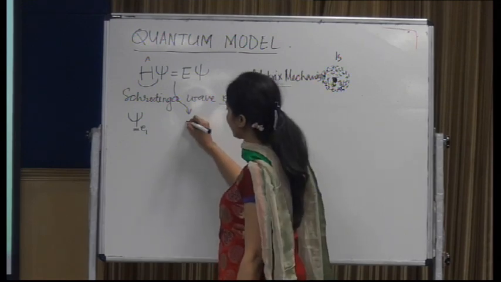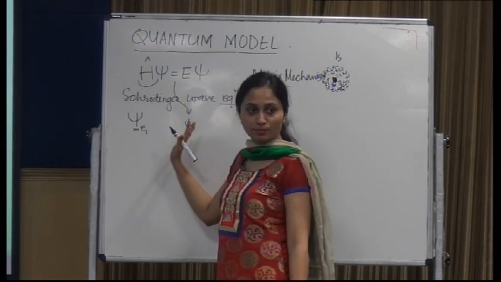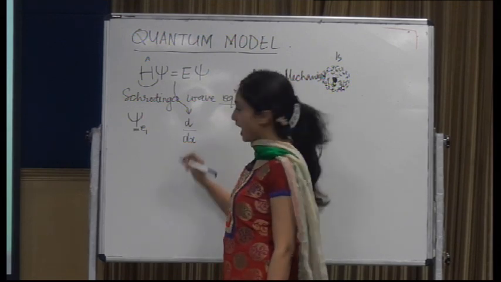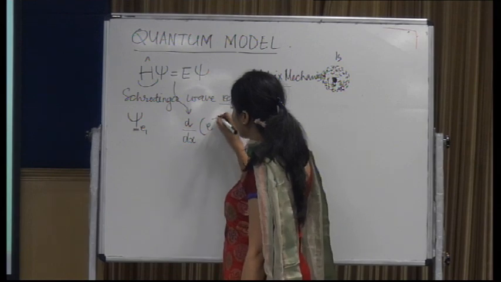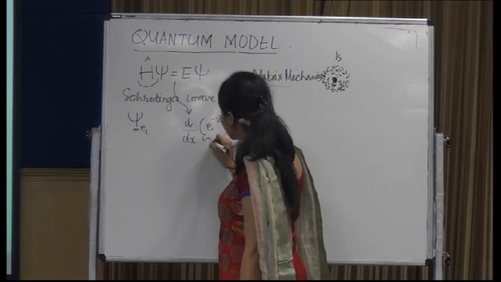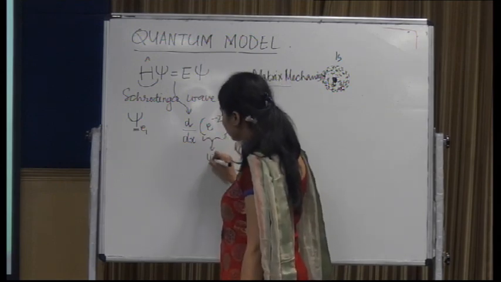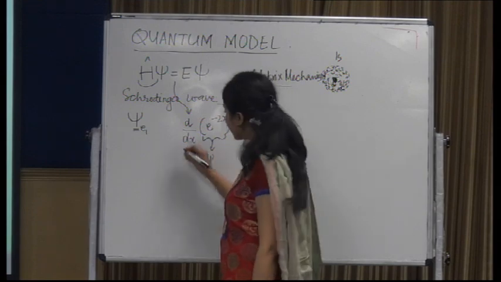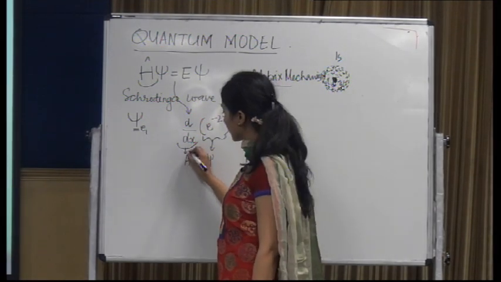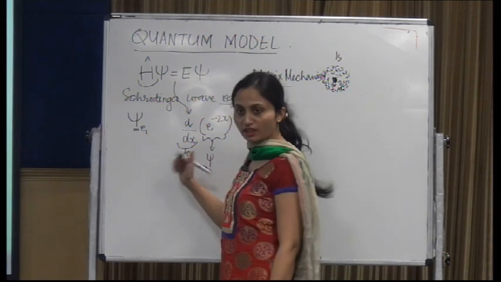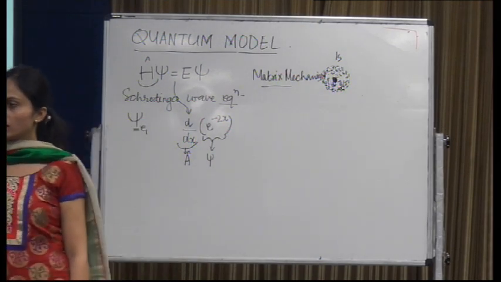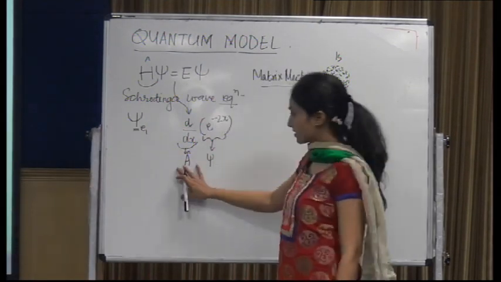So say supposedly, this is just an example to explain again. If this was d by dx and then I had a function like e to the power minus 2x. So now this is the value of my wave function and this is my operator. Any operator, say I call it A operator. Generally we talk about the energy operator, but here I am just arbitrarily taking any operator.